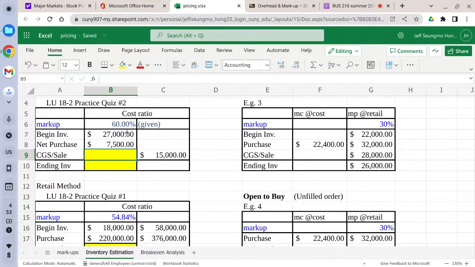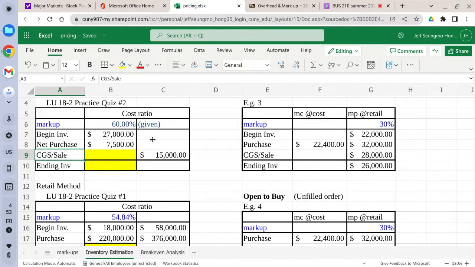So we understand beginning inventory plus net purchase is GAS. And then what happens next is sale. Sale means revenue. Here I told you CGS and revenue are two sides of the same coin.